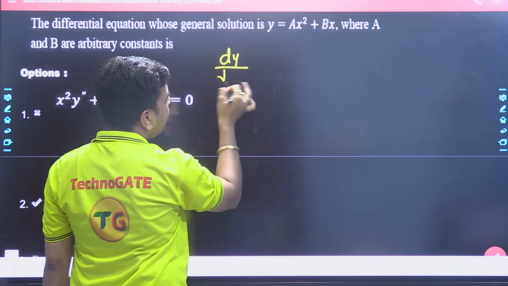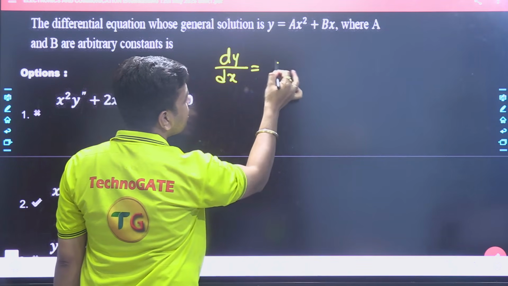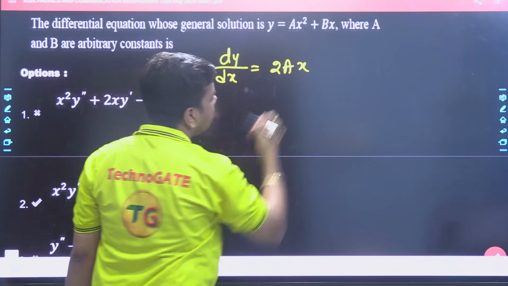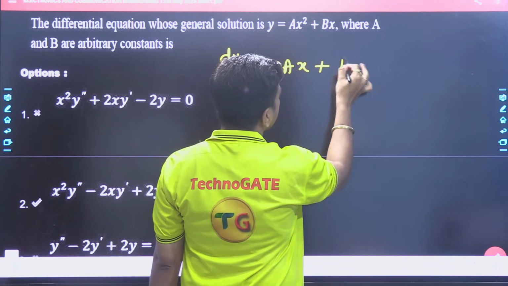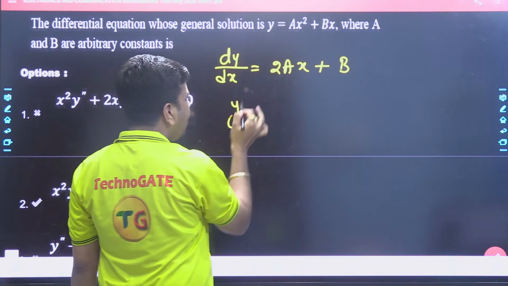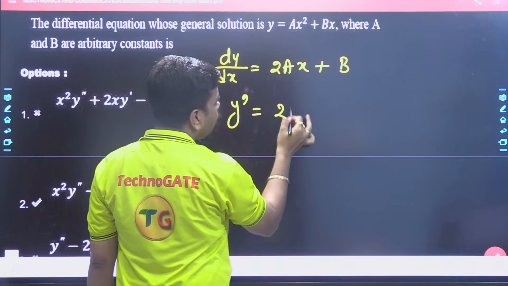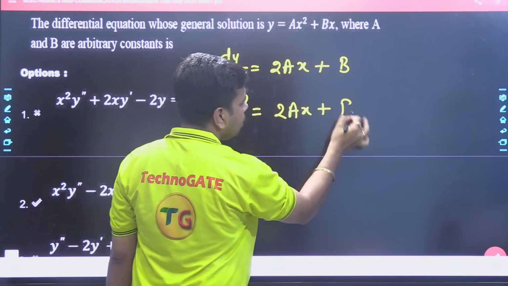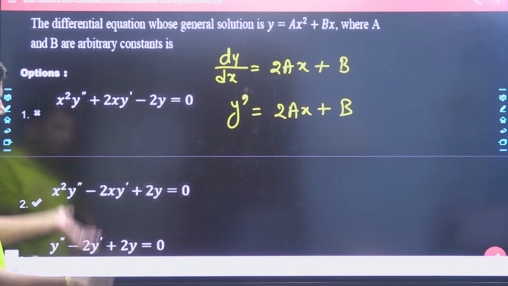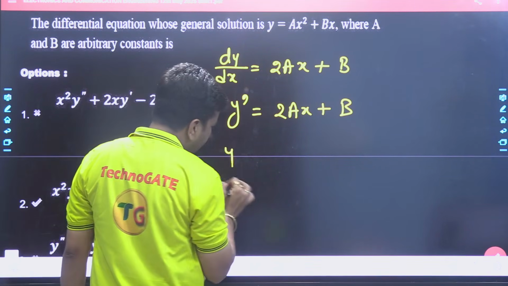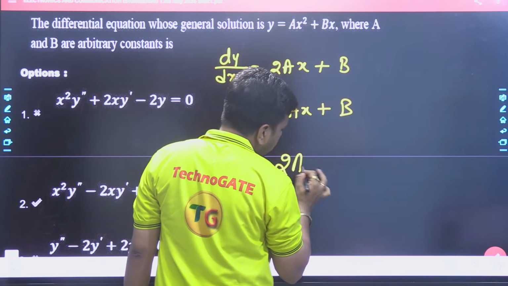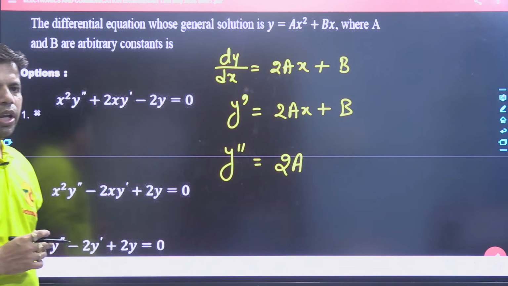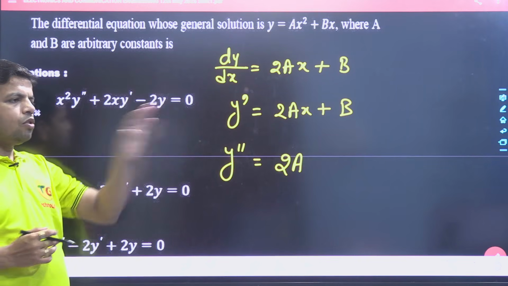So dy by dx equals 2ax plus b. We can write dy by dx as y dash equals 2ax plus b. If I differentiate one more time, it becomes y double dash, and this becomes only 2a.